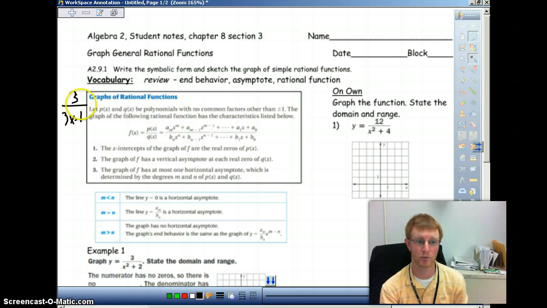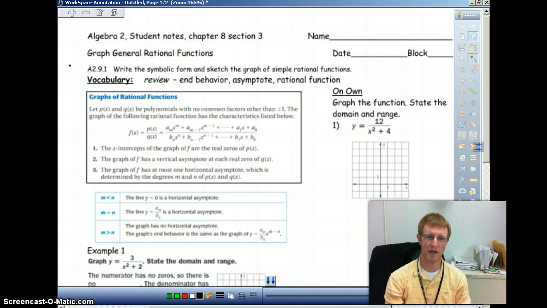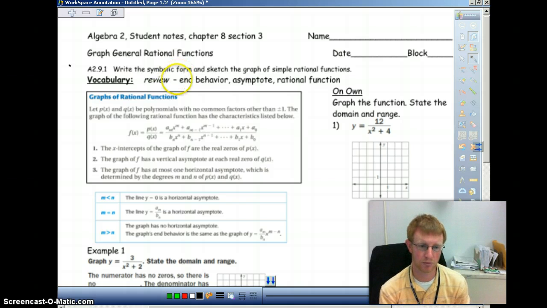So we may have squareds, we may have third power. For the most part, we're not going to get any higher than squared, especially in this section. But the idea is we can now have quadratics, and we can have cubic functions in some cases, things like that. So it is going to get a little bit more difficult in that respect. It's just a little bit different, but some of the ideas are still the same.